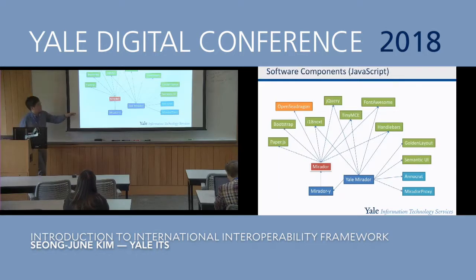Mirador is the IIIF shared effort, and everything OpenSeadragon-driven is another key component Mirador depends on. The green things are other open source libraries we depend on. The blue things, Mirador 1 and Yale Mirador, are the JavaScript augmentation for Mirador, and Annotator and Mirador process are other modules that hopefully can be used by other institutions, separated from Yale Mirador.